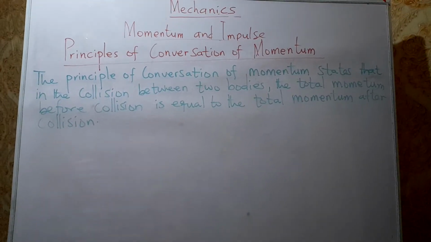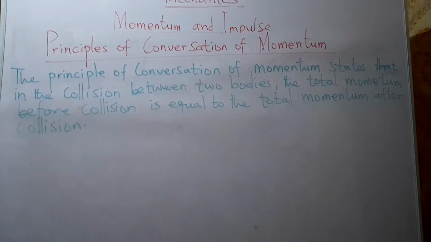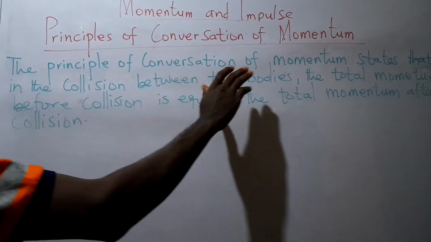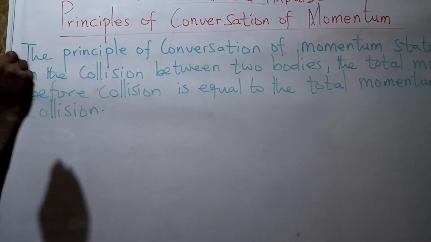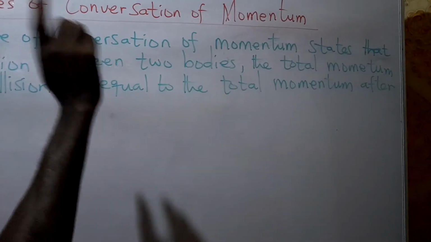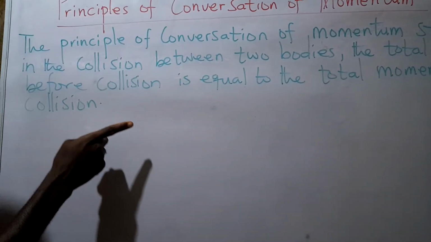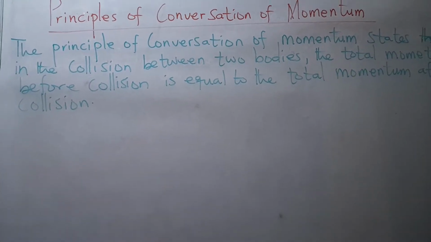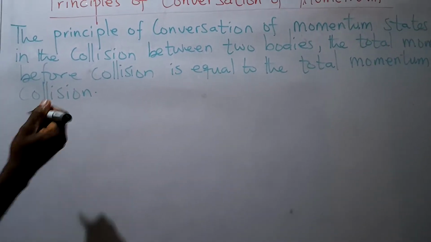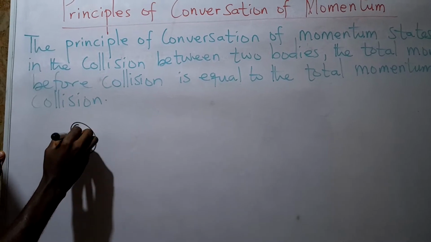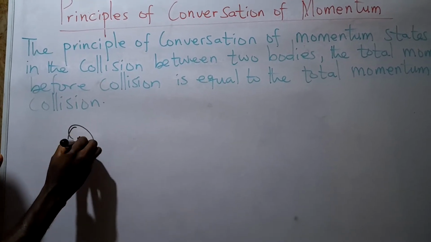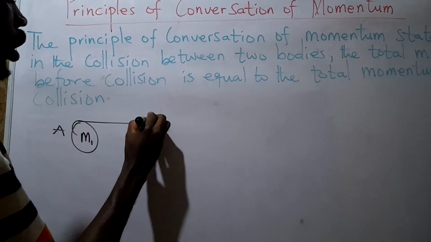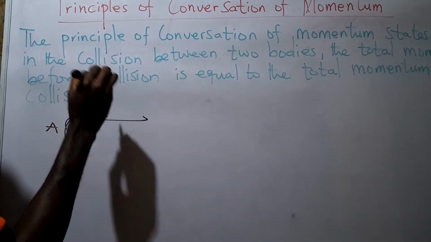Okay, our next topic is the principle of conservation of momentum and its application. The principle of conservation of momentum states that in a collision between two bodies, the total momentum before collision is equal to the total momentum after collision. So how do we put this into practice? Let's say we have a car A, and the mass of this car is m1, and it is moving at a speed, let's say u1.